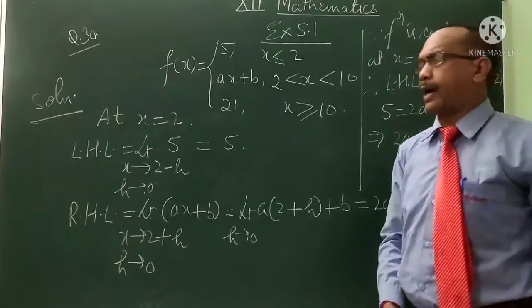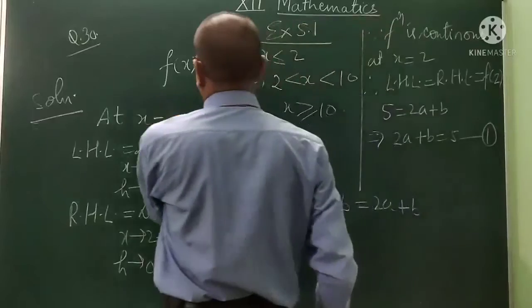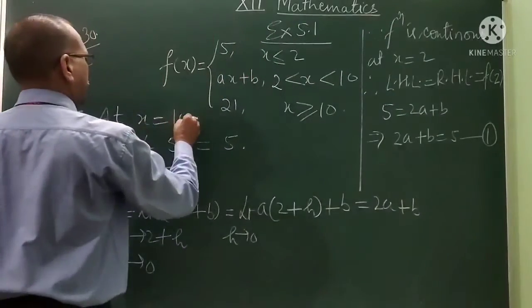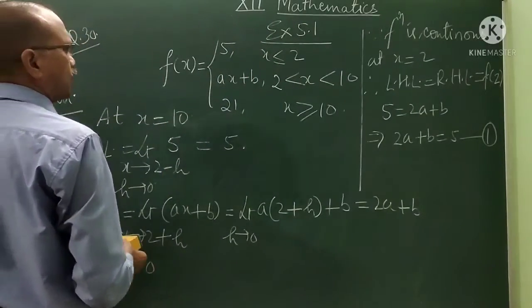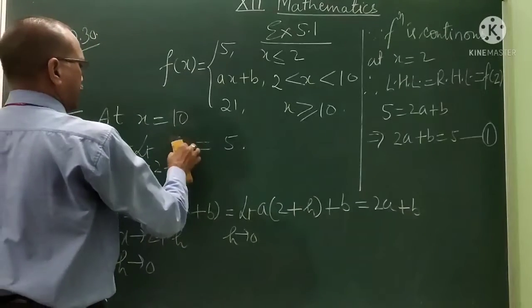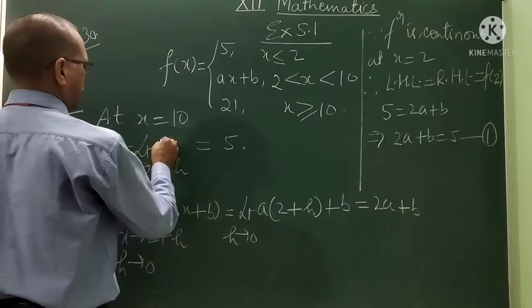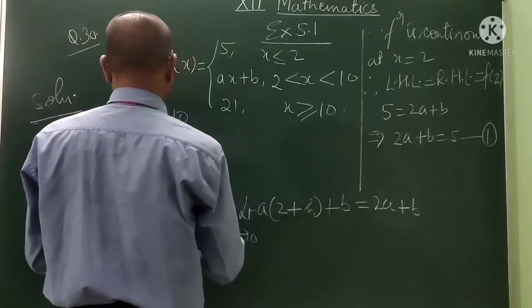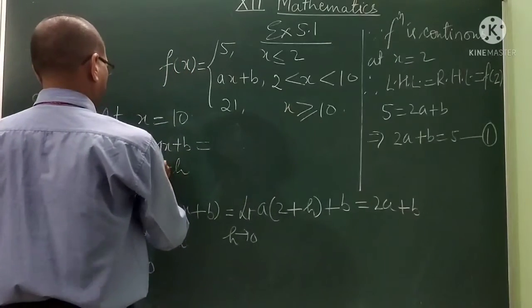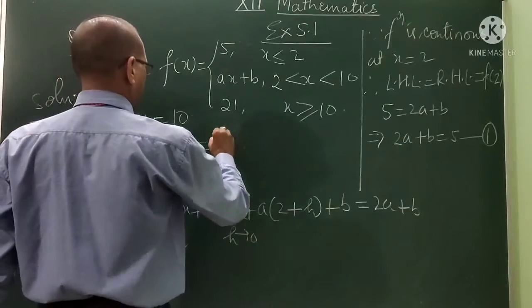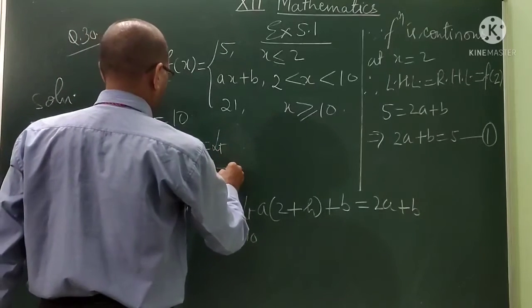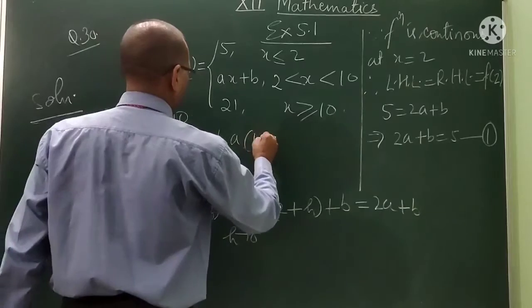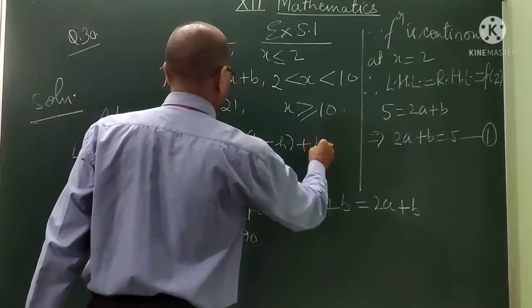Now we will find continuity at x equal to 10. When x equal to 10, here the function is ax plus b. Then it is 10 minus h, limit h tends to 0 of a(10 minus h) plus b.